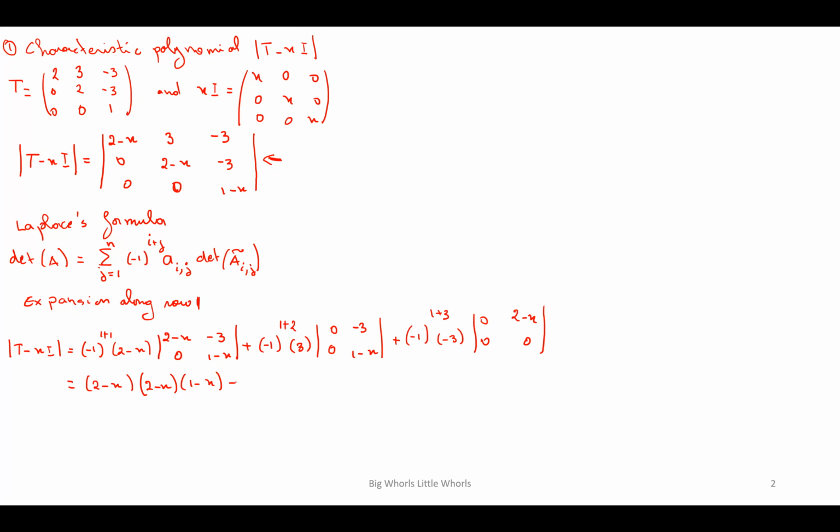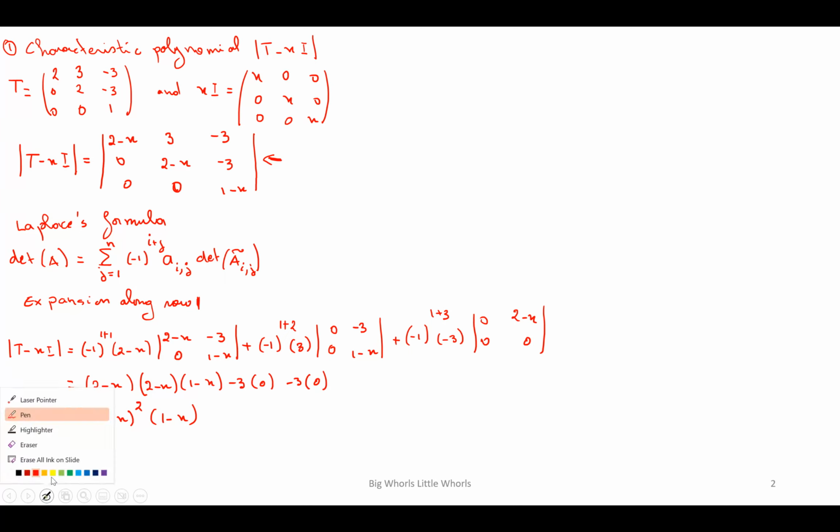And the other terms are each multiplied by 0. I'm going to fly through the determinants because you should know how to get them. We get (2 − x) squared multiplied by (1 − x). So this is our characteristic polynomial, the determinant of T − xI.